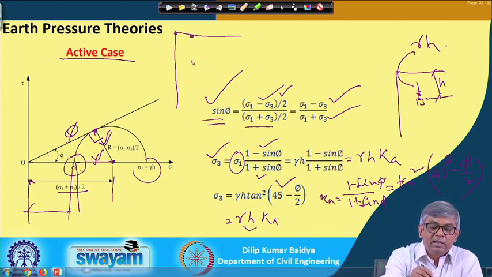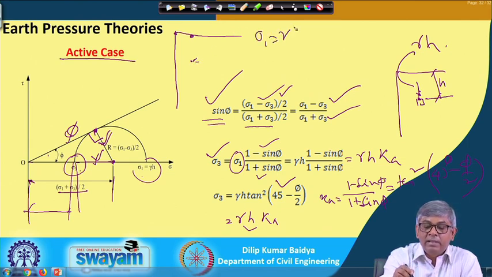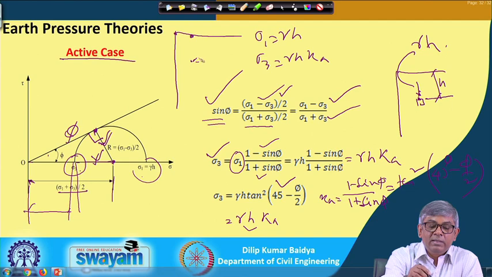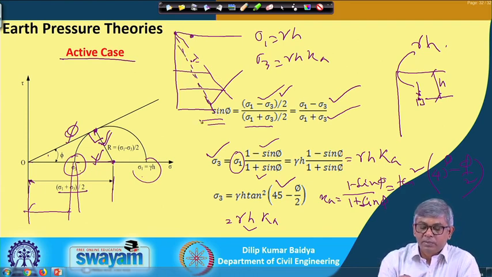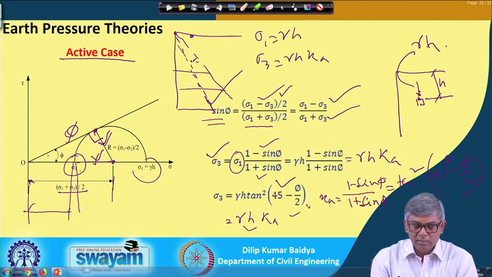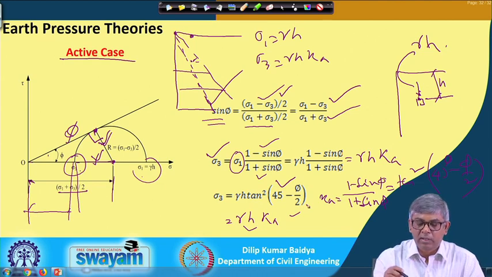If I consider a depth h, then sigma 1 is gamma h, and sigma 3 will be gamma times h multiplied by K. Sigma v will be some value; if I draw the sigma v value like this and multiply by K, it will be reduced. With depth, the vertical pressure diagram is this, and this diagram is the active earth pressure. So, this is the active condition. I hope it is clear.